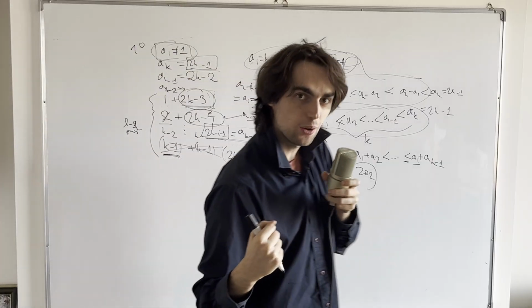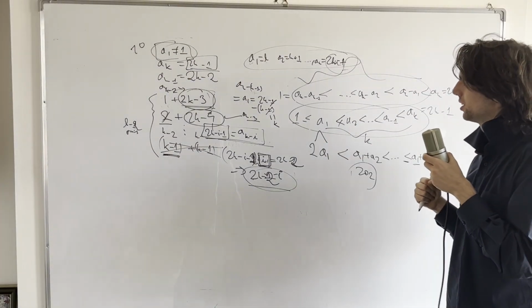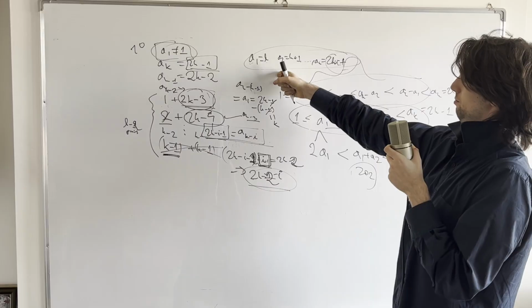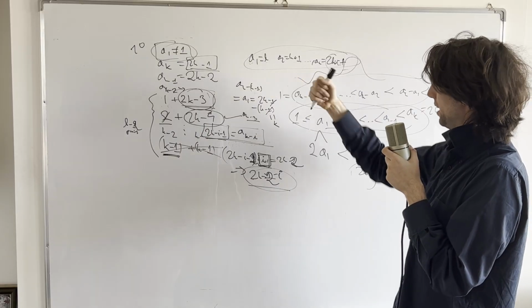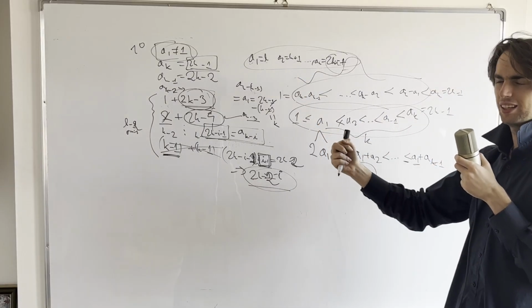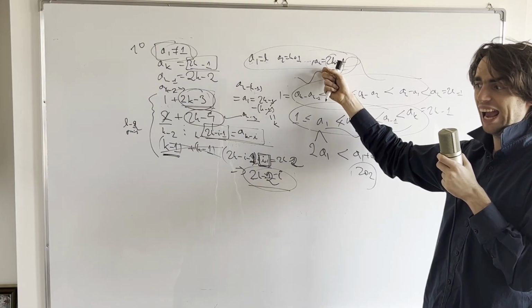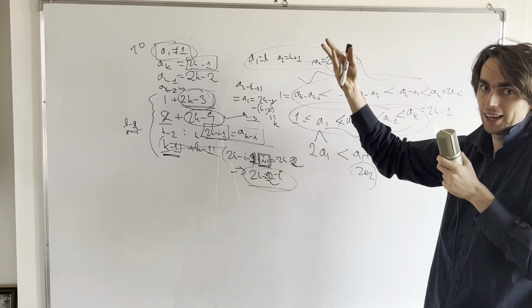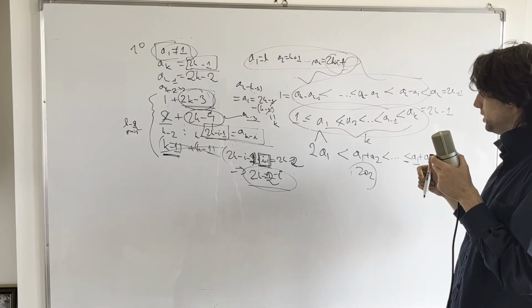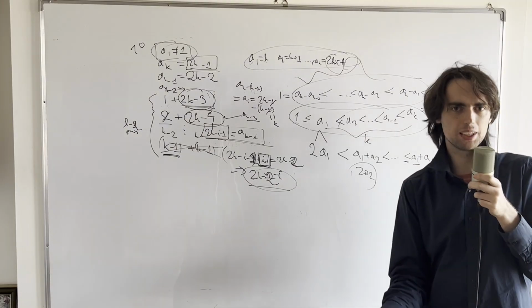And now, what do we have from here? We have sort of shown that if A1 isn't 1, when is this true? We've just taken A_k that is equal to 2k minus 1. There's definitely many of them.